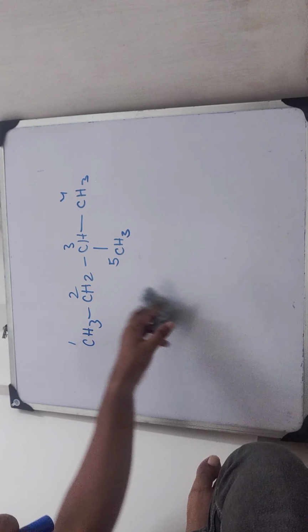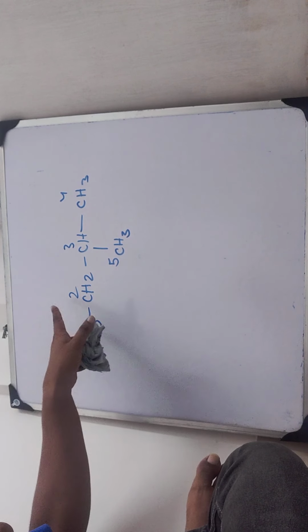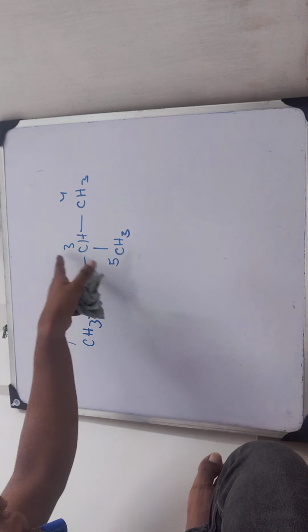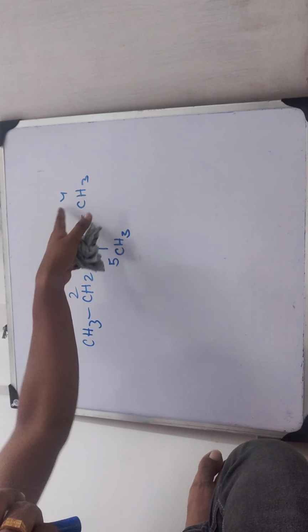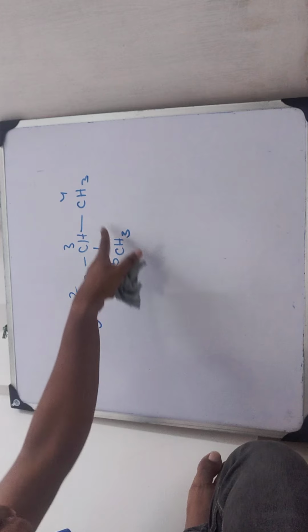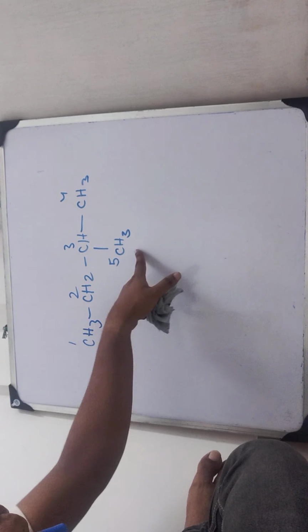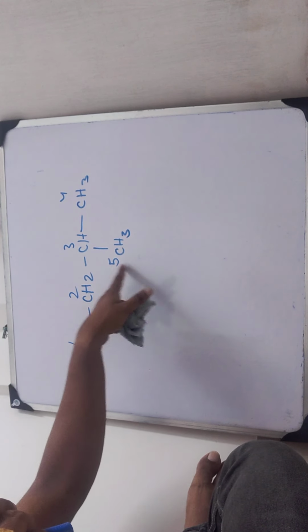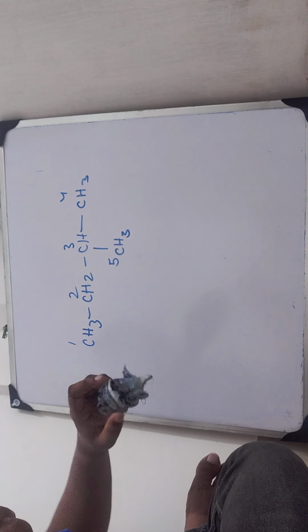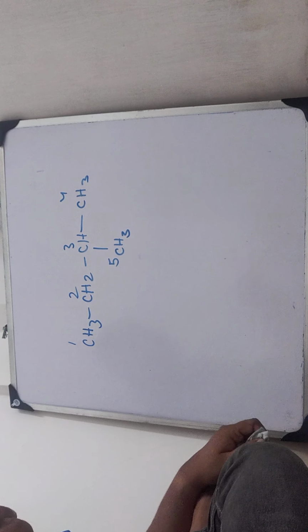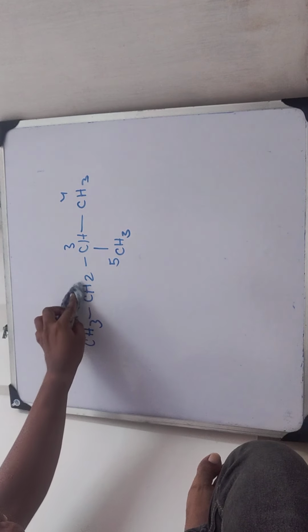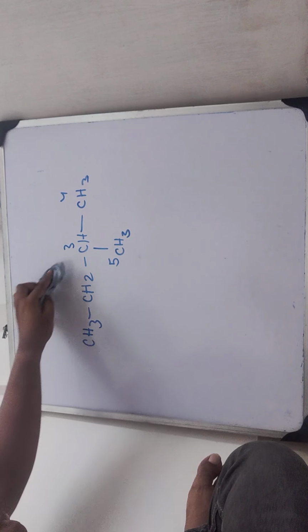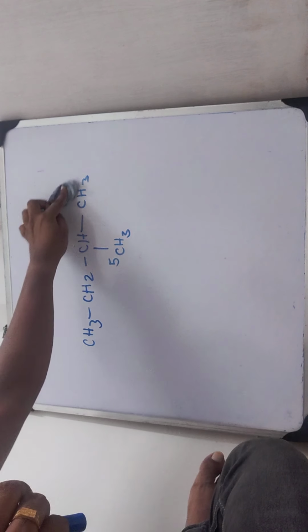Longest chain means 1 should be connected to 2, 2 to 3, 3 to 4, and 4 to 5. So can you see any connection between 4 and 5? No, because the 5th carbon is attached to the 3rd carbon. So the chain is broken here. So the longest chain is not what you think. The longest chain is what I am telling you.